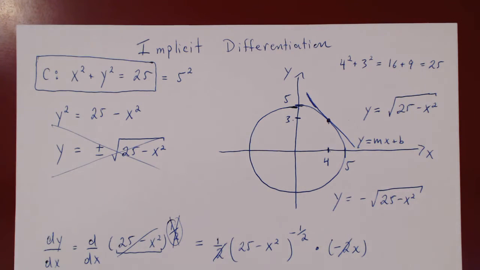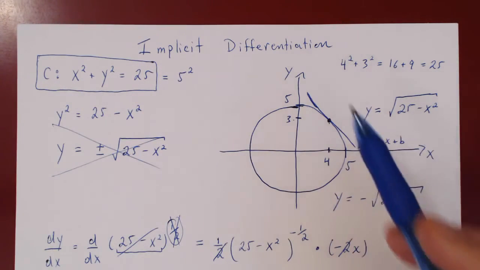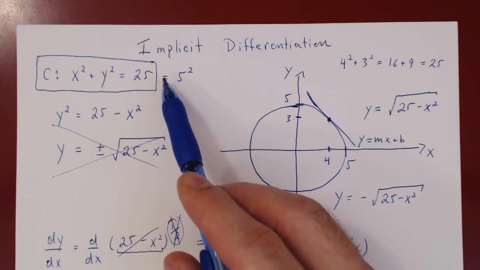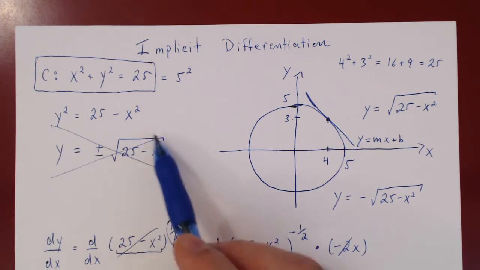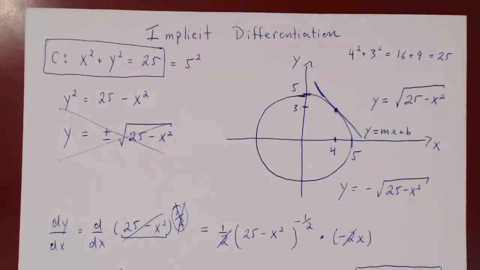So the key is, even if you don't see y equals f of x, you can still think of y as a function of x. And that is the idea of implicit differentiation. And now let's do it this way. Let's find the derivative of our curve, not by looking at y explicitly as a function of x, but by thinking that y is a function of x.